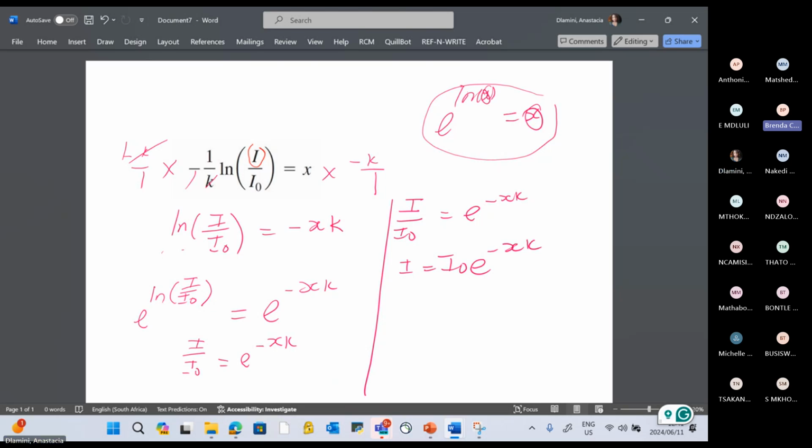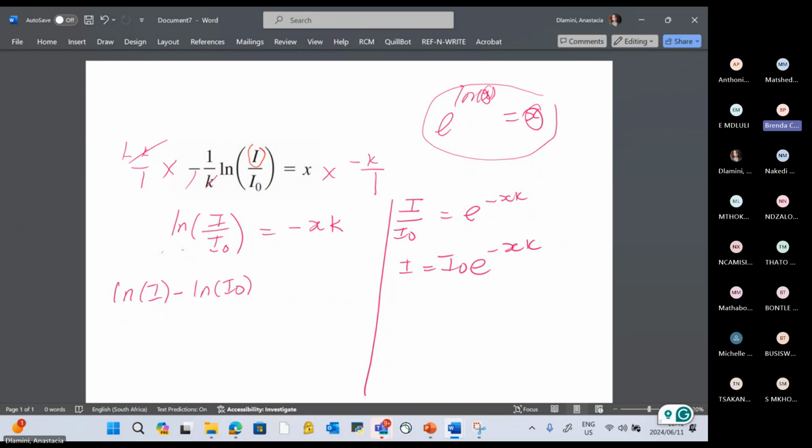We were supposed to separate that into ln I minus ln I0. That's where we were arguing and discussing.